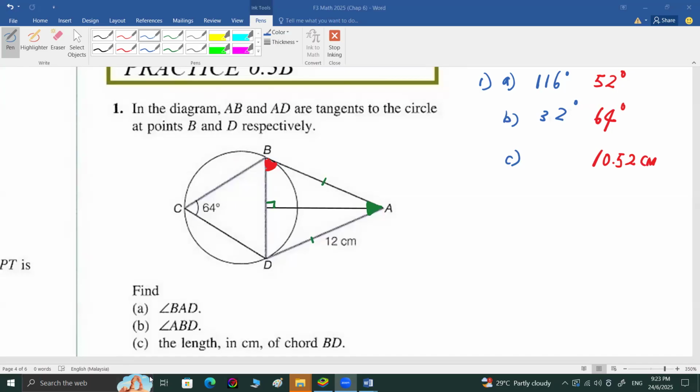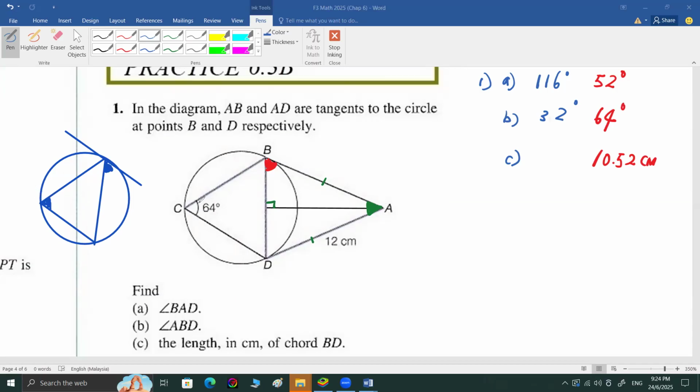Now class, do you still remember how I mentioned it? Or you have learned quite a lot already. This circle, this tangent. Can you see the angle here? Is it the same as the angle here, class?